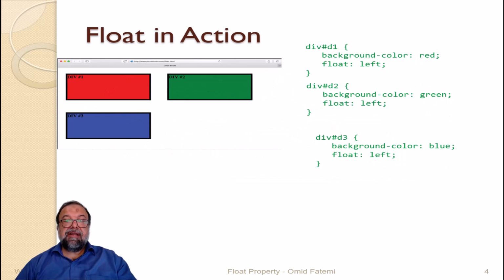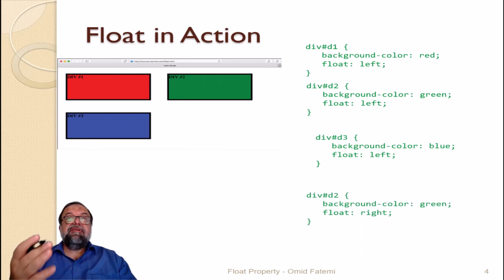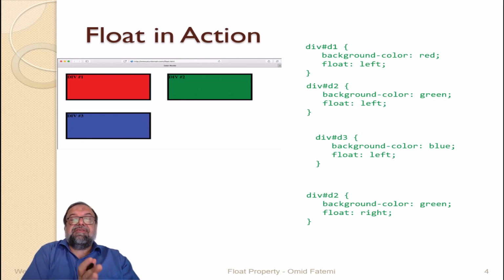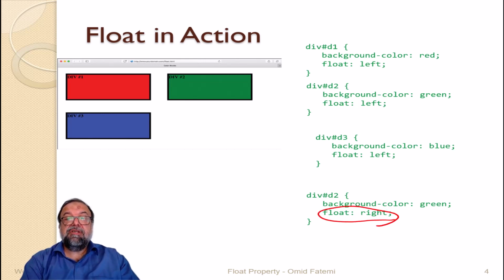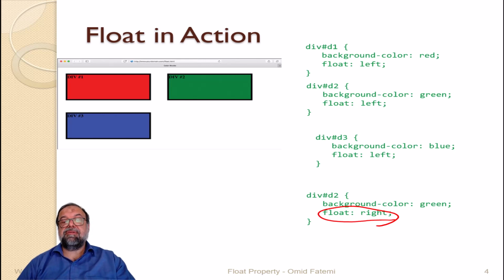Now let's see another example. In this example, div number 1 and div number 3 still have float left, so they are going to align to the left side of the container, the parent element. However, we put float right on div number 2, the green one. So what happens?